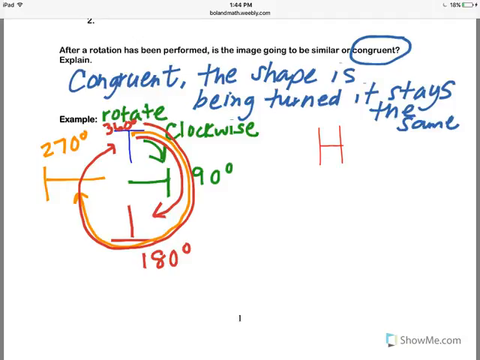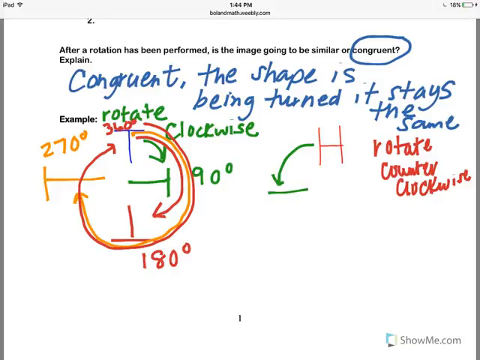If we do the same thing for the letter H, but instead we're now rotating counterclockwise, that means that we would take H and move it to the left. Okay, so that would be at 90 degrees counterclockwise. If we took our original H and moved it 180 degrees counterclockwise, then it would be below.